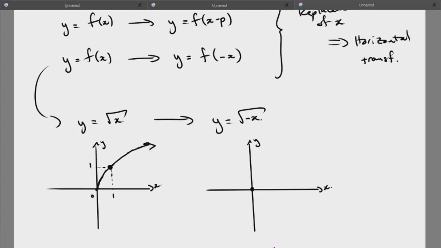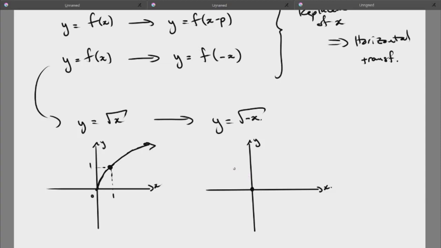But previously, in the basic square root function, to get a y value of 1, x had to be 1. Now to get a y value of 1, x will have to be what? It has to be -1, so that a negative 1 gives me a 1 inside the square root, thereby giving me y equal to 1.